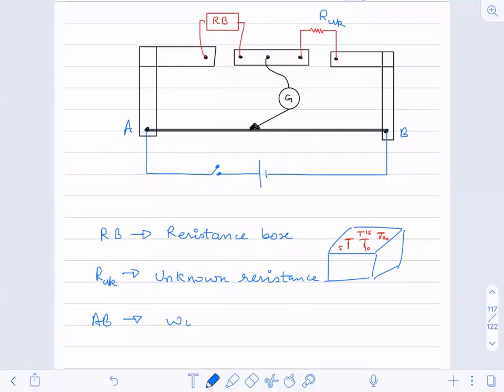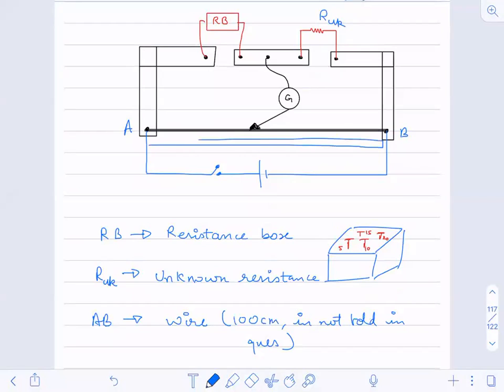If the value is not given in the question, what value will you assume for this? 100 centimeter, that means 1 meter, you will assume. Now, corresponding to this, you will have a scale kept here, like this.